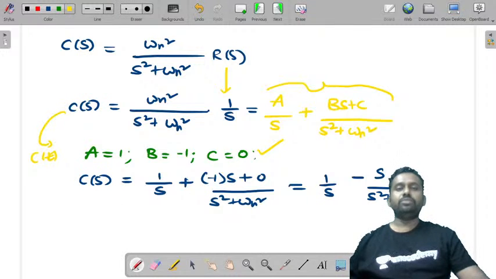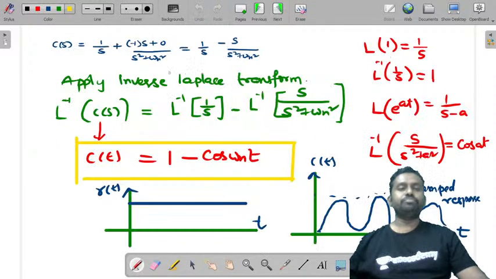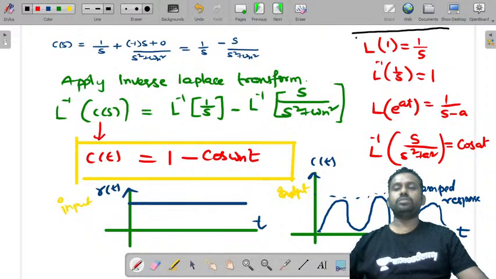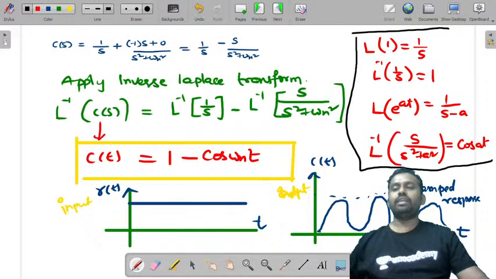And when you take the inverse Laplace transform to this, you'll get C of t as 1 minus cosine of omega n t, and this will be the input of the considered system, and this is the output. Hope this part is clear, and for this you need to be familiar with the Laplace transform formulae.